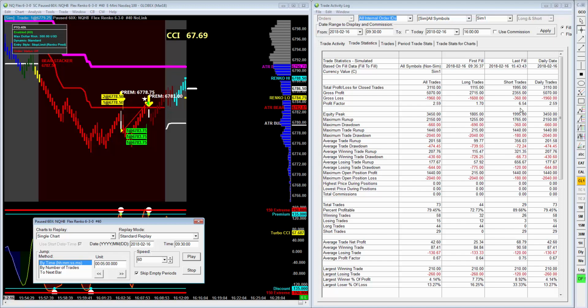And the short side actually was the best performing here. It was six and a half times. So that did very well, but the average profit factor here is 2.5, which is obviously very robust. It took a total of 73 trades. Now again, that is quite a number of trades throughout the day, but it was done automatedly, and the system just did its thing.